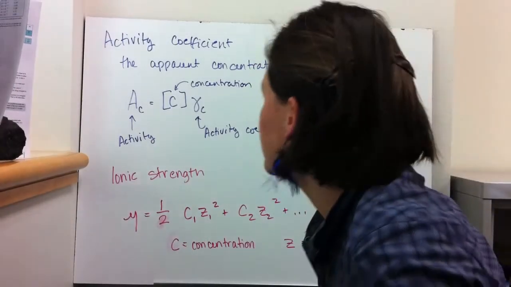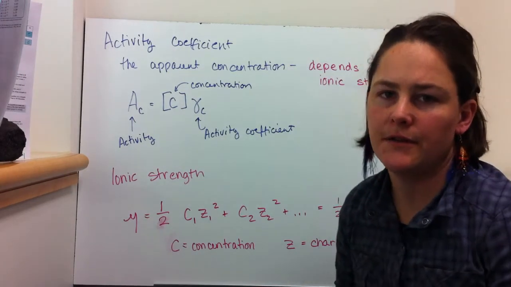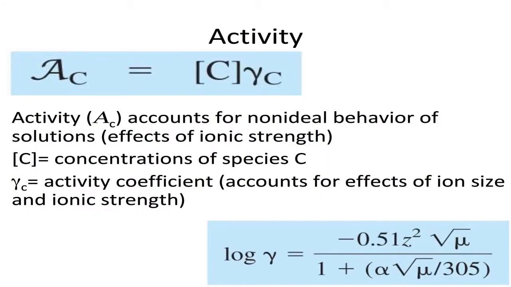Alright, let's talk about the activity coefficient, which is basically the apparent concentration in solution. The activity coefficient is calculated using the extended Debye-Huckel equation, which is shown in the lower right-hand corner.